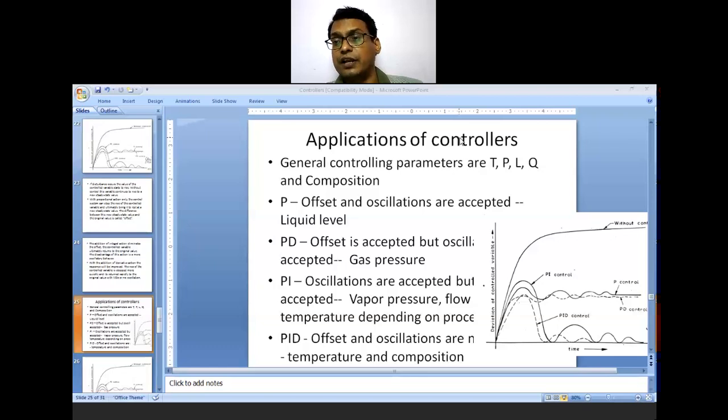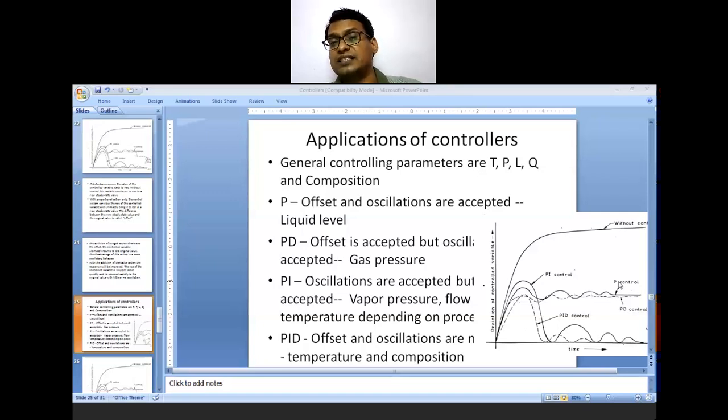So in general, looking at the figure, the proportional controller produces the offset and oscillations. Both are there for the proportional controller. So the chemical equipment in which one can accept the offset as well as the oscillations, then and only then can I select the proportional controller.